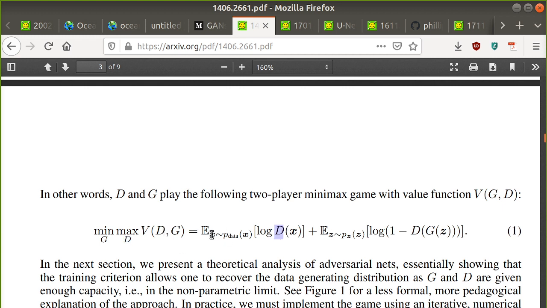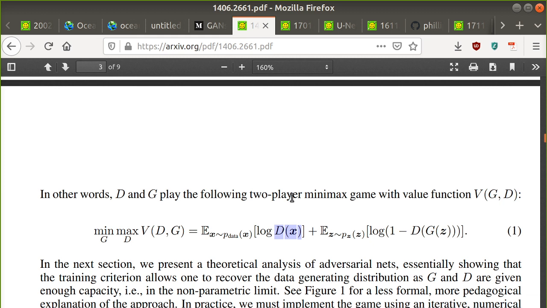So we're saying if X is taken from the distribution of our data, that is, if X is a real sample, if X is a real image of clouds, I want to maximize log of D of X, right? So basically you can think of D, the output in this case, as essentially the probability that the sample is real, as estimated by the discriminator network.